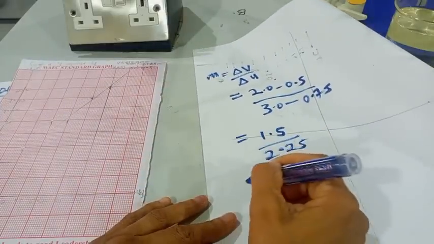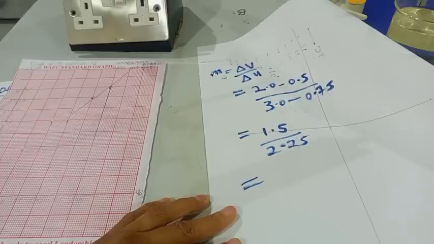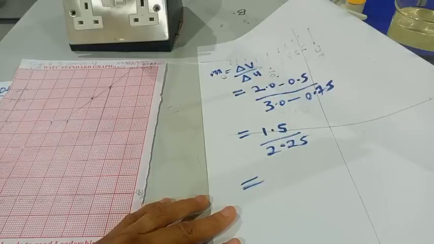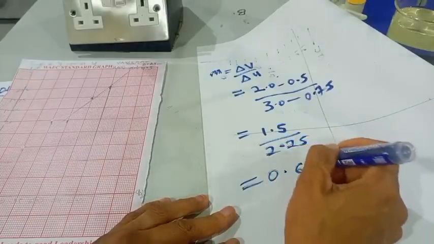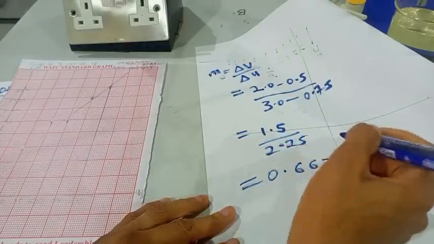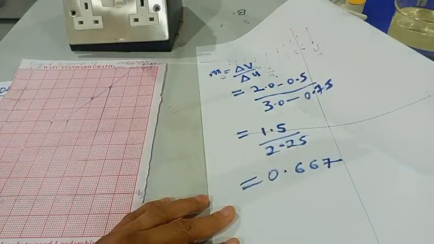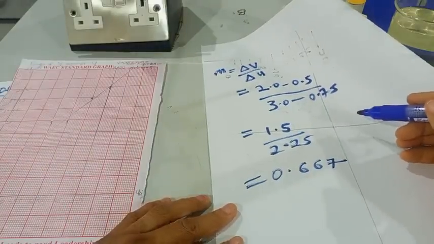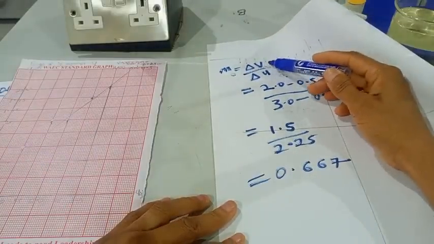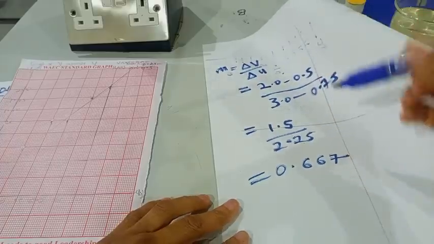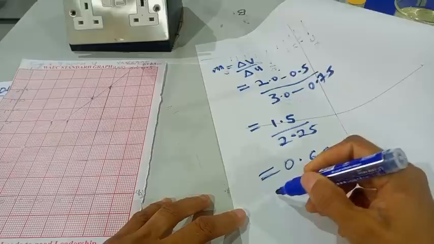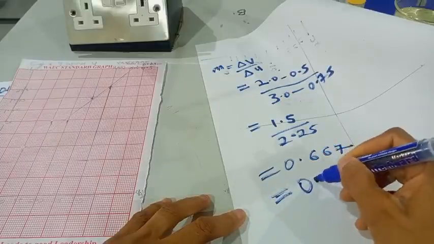So if we go ahead and do the calculation, 1.5 divided by 2.25, we are going to get 0.667. It will not have any units because this gram will cancel this gram. Remember, we can approximate it as 0.7.